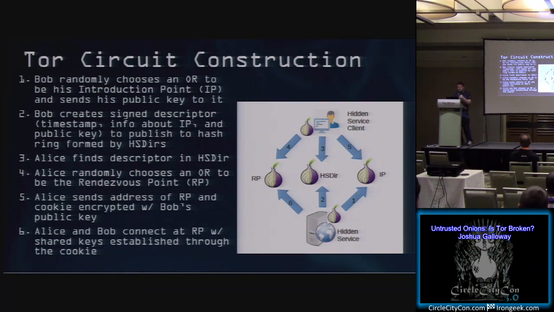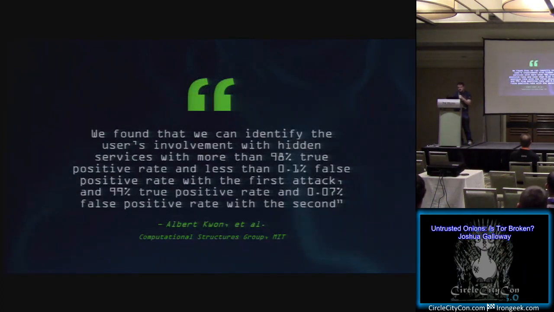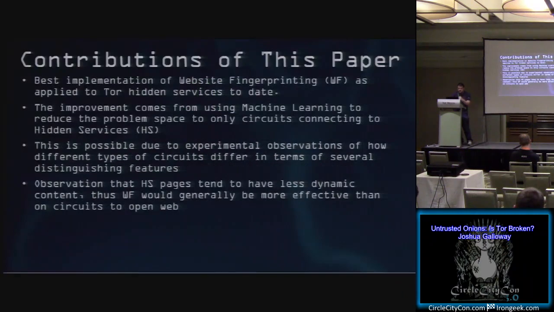I don't have to go through all this, but basically there are different kinds of circuits, right? And the claim of this paper was that they could identify specific users' involvement with a hidden service, like a specific hidden service page, with a 98% true positive rate and less than 0.1% false positive rate. And with a 99% true positive rate is the second attack, which is the stronger of the two that were proposed.